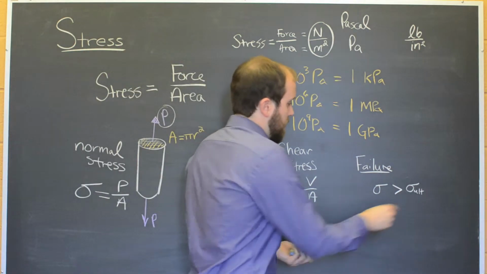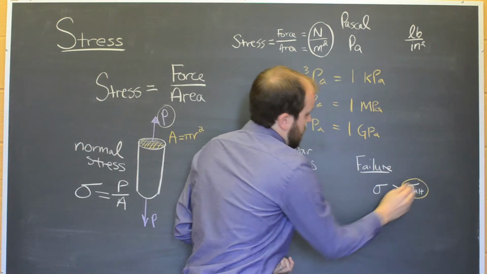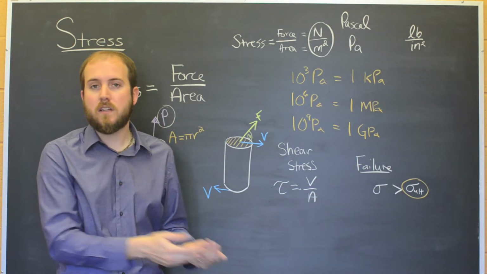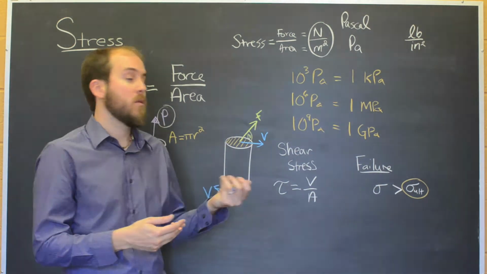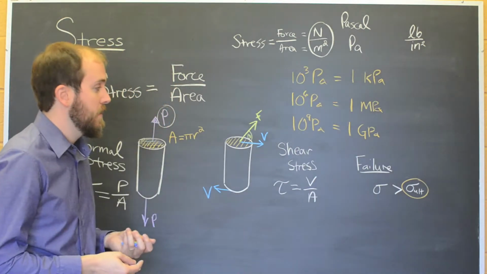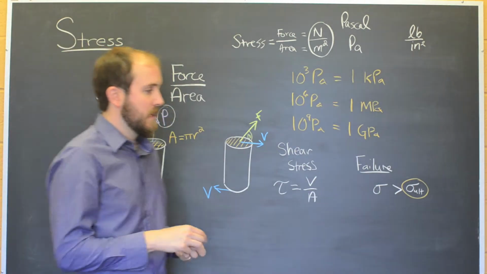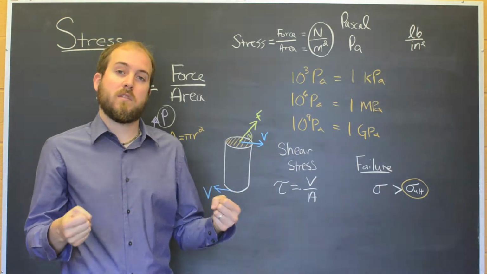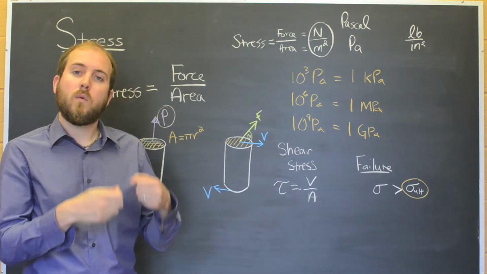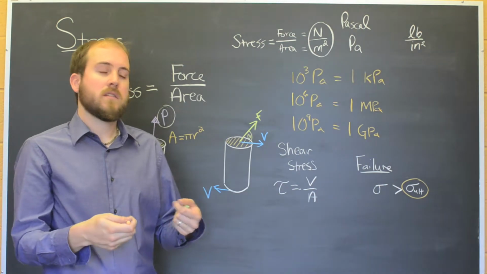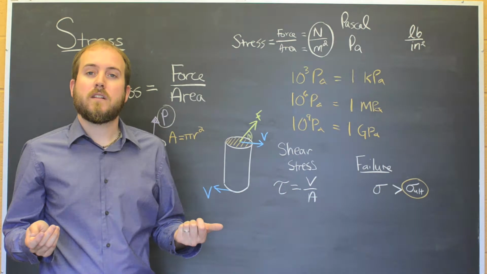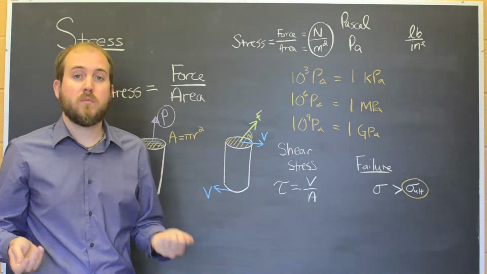And this value here depends completely on the material you're using. It's going to be different if it's steel, aluminum, or rubber, and so on. And so it's important for us to keep in mind that the external loading generates a stress within the material, and we need to compare what that stress is to the failure stress of the material. Will the load that we're applying cause the structure to break?